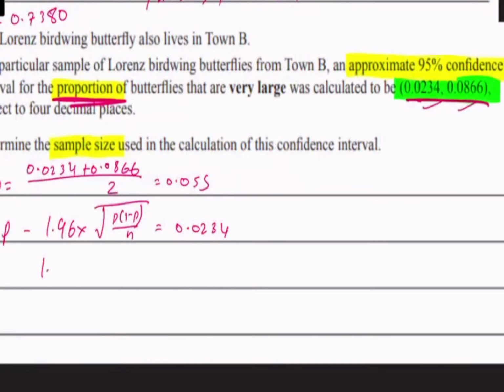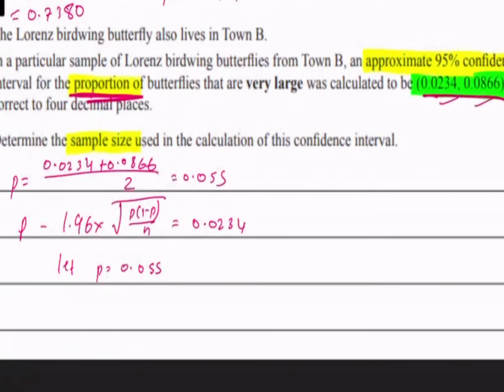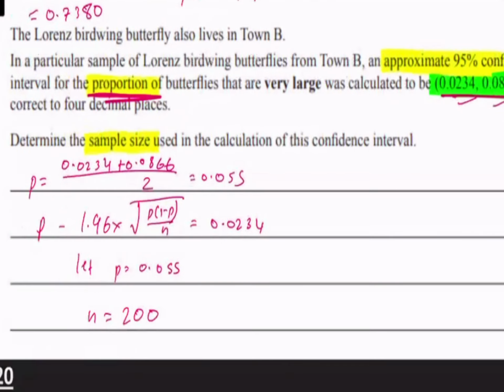And then let p equal 0.055 and solve for n. To the closest whole number, because again, we're dealing with butterflies, n is 200. Just be careful in other questions, they might not use a 95% confidence interval.